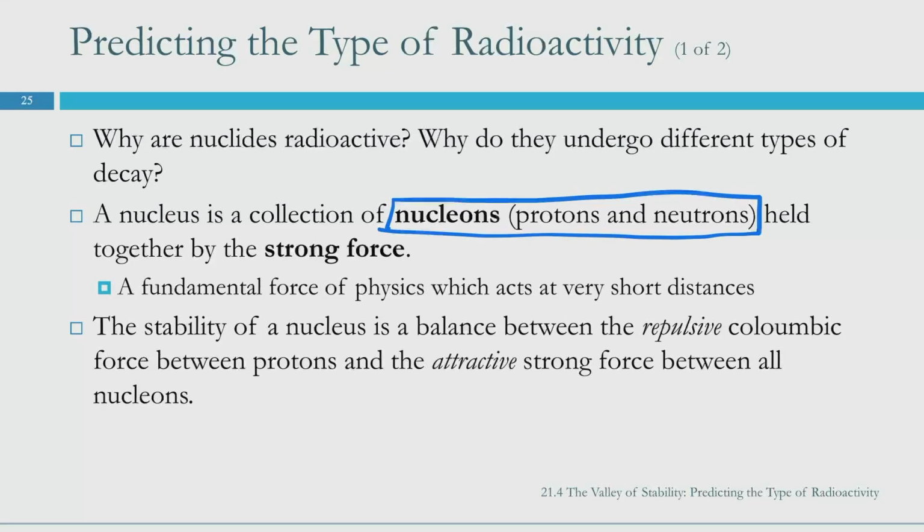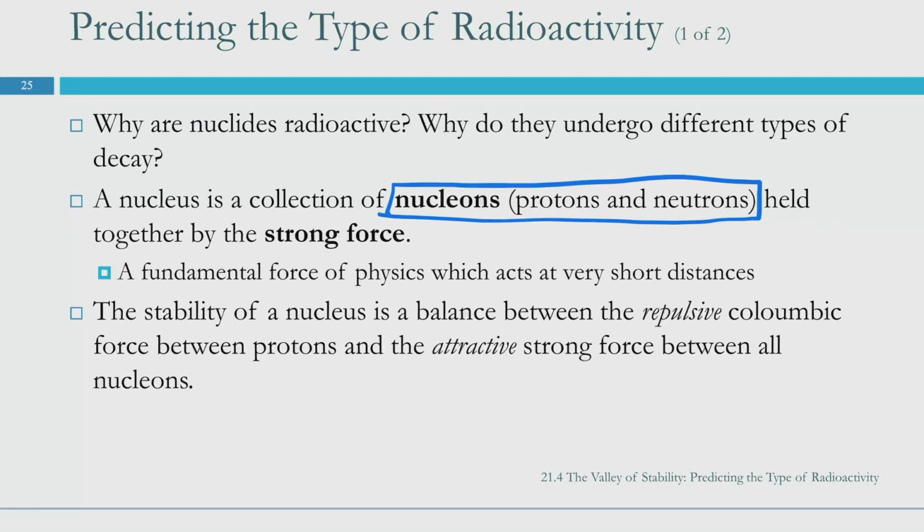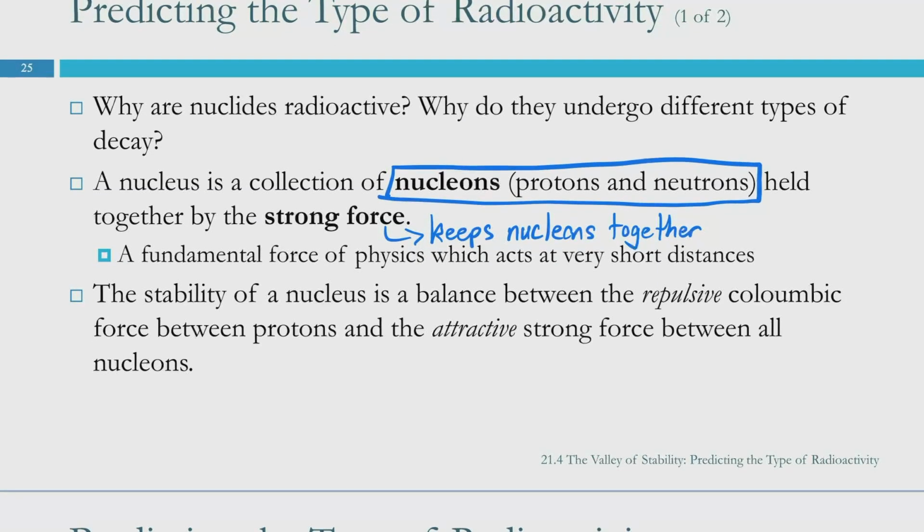There's also a weak force, but the strong force is what holds them together. So the strong force keeps nucleons together. And I can't remember if this is one of those things that you can explain or if it's just the way it is and that's what we call it, because that happens sometimes. I'm sure that Wikipedia or the internet elsewhere could probably tell you.